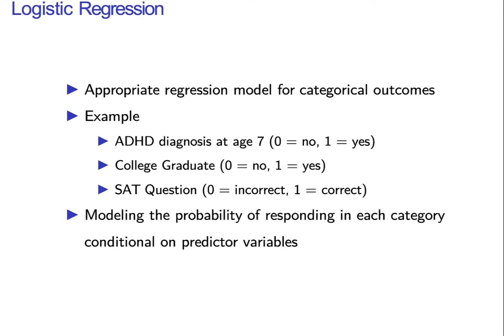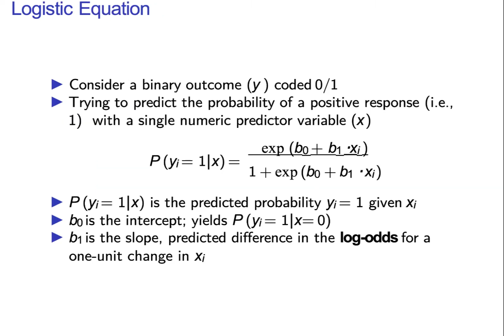This is the example I gave you before. So you have an outcome, or the y in your case here is going to be yes or no, and we saw that in those examples. So you're trying to model the probability of responding in each of these categories, conditional on the predictor variables, whatever those predictor variables are. And as I said, don't panic if you see those equations. The idea is just to remind you of the past.